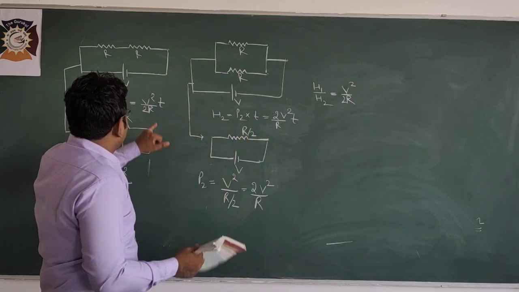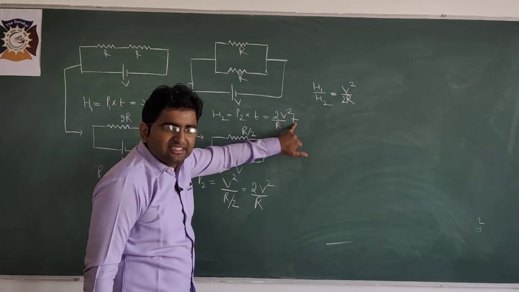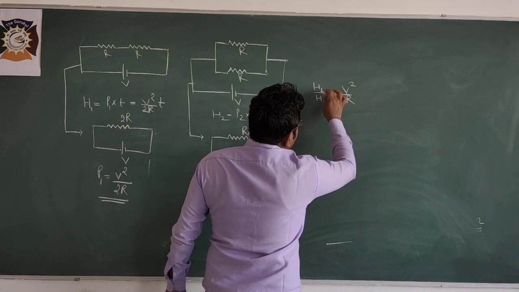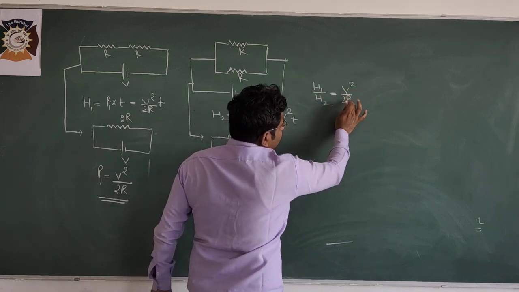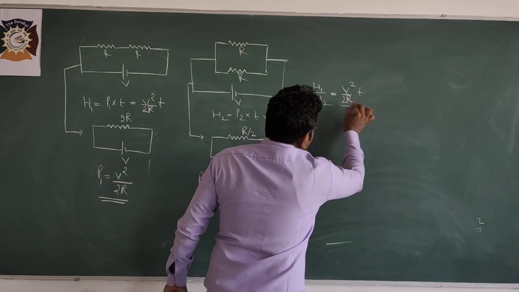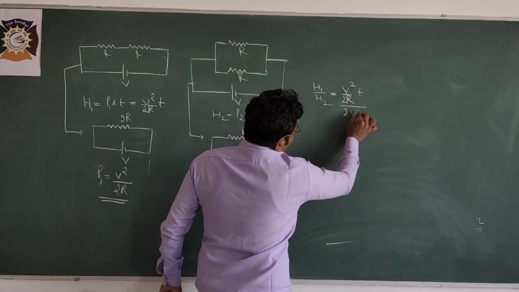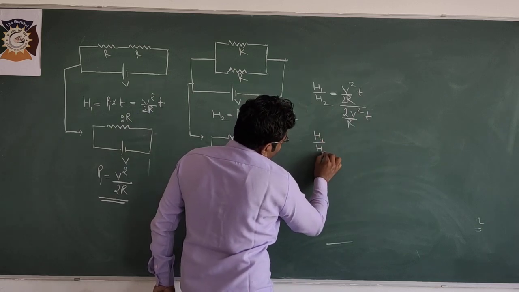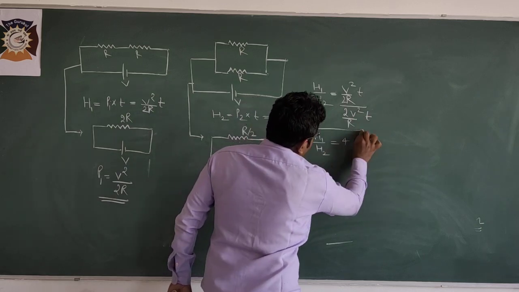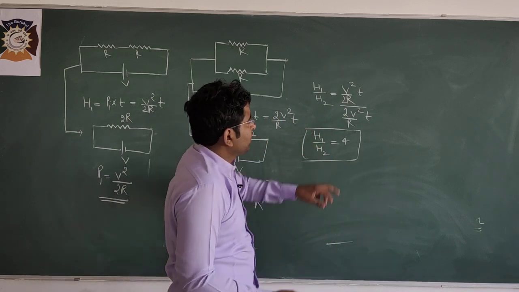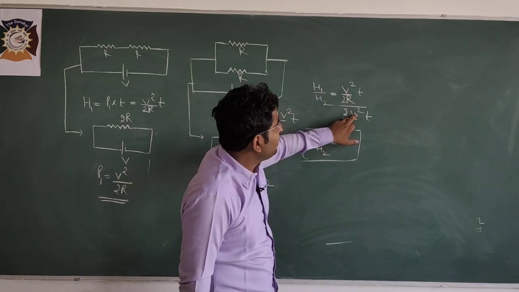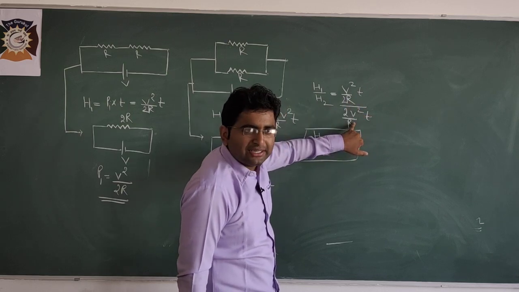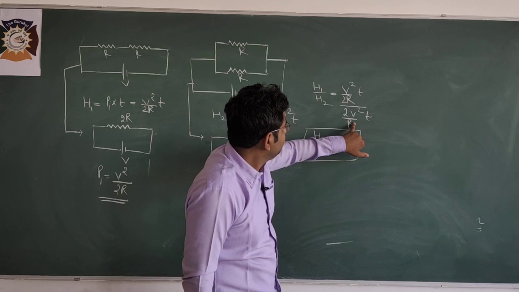Okay, by T it will get cancelled out by this T, divide by... let me write the full value. H1 value V square upon 2R into T, divided by H2 value 2V square upon R into T. Then H1 upon H2 is equal to 4. Let us see how. V square upon V square gets cancelled out, T upon T gets cancelled out, R upon R will get cancelled out. Clear?